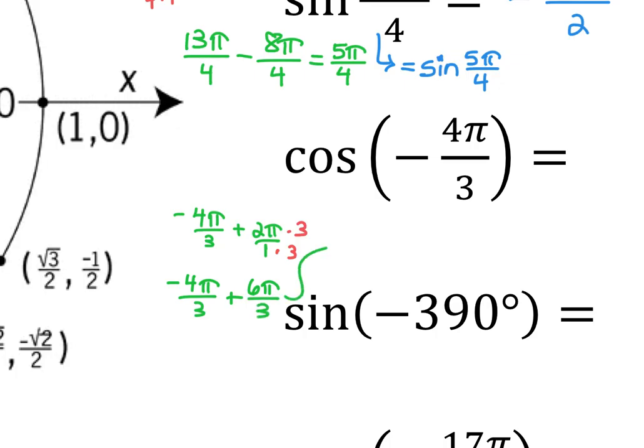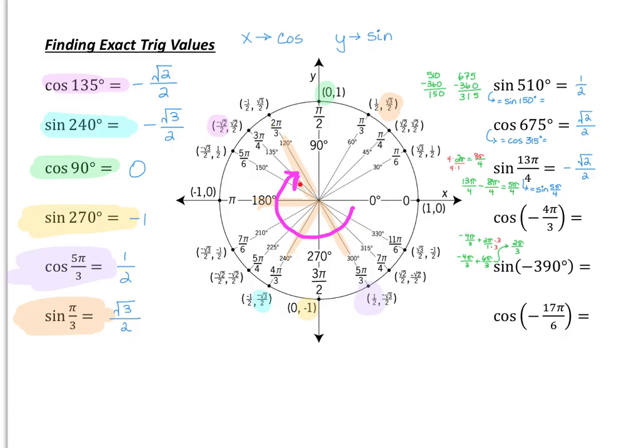Negative 4 plus 6 pi is positive 2 pi over 3, which gets us back to where we were, 2 pi over 3. So you can either look at it as I know how to find the negative angle, or I can add 2 pi to get the coterminal angle. But either way, what you're looking for is the x and y values at this point right here, and the cosine is the x value, so that's going to be your negative 1/2.